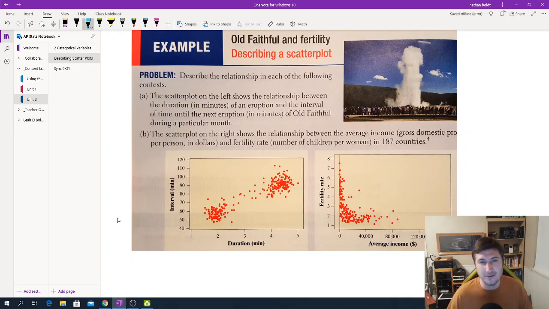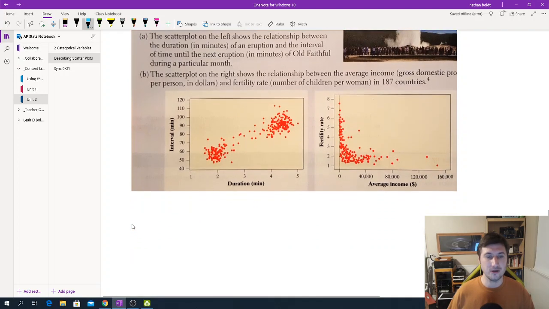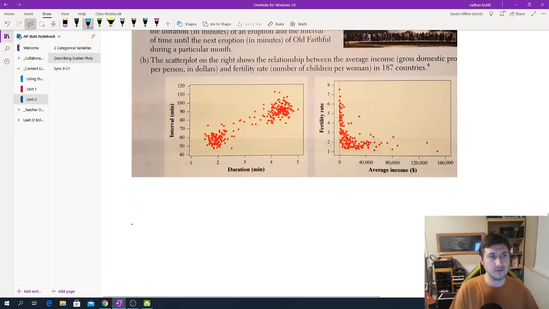The scatter plot on the left shows the relationship between the duration in minutes of an eruption and the interval of time until the next eruption in minutes of Old Faithful during a particular month. All right, so we are going to describe this association here and try to be fairly accurate and complete, thorough, using context, context, context.